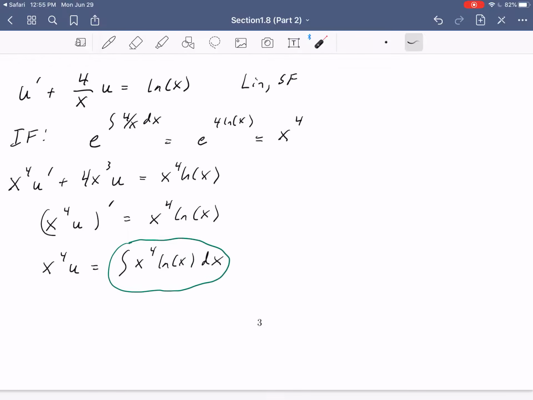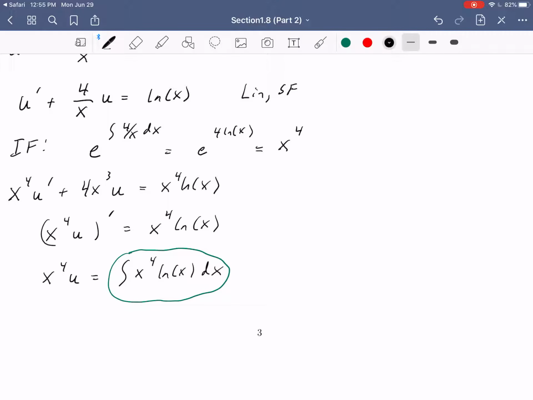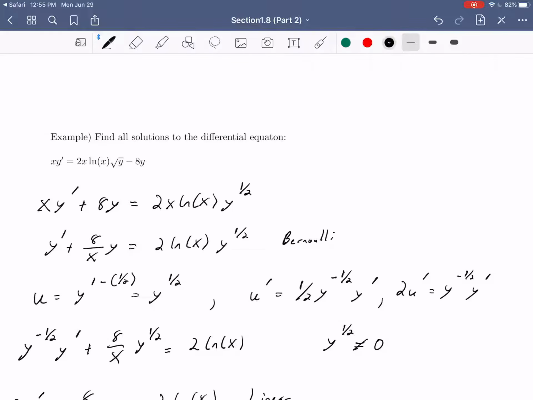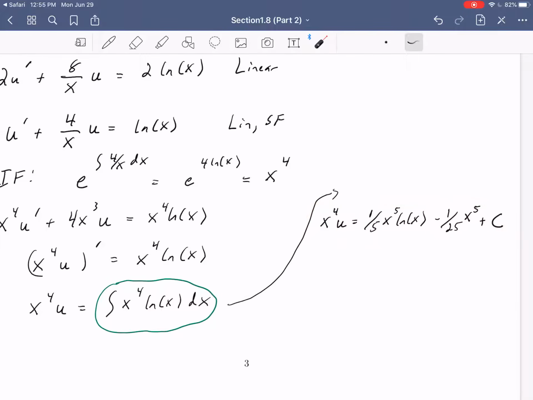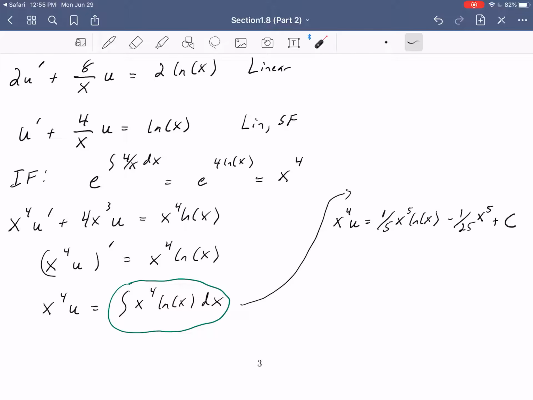So if we do that, we can take this over to here, and we get x to the fourth u is now equal to 1/5 x to the fifth ln x minus 1/5, or 1/25th, I believe. Yep, 1/25th x to the fifth plus c. So there we go. There's our solution on the right-hand side. Now we can clean this up by dividing by that x to the fourth.